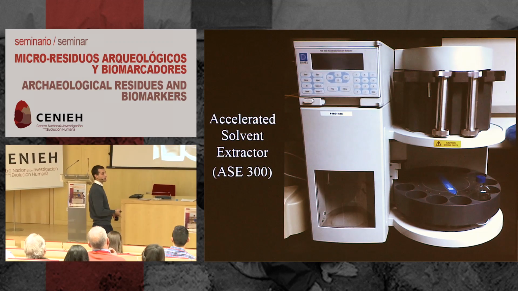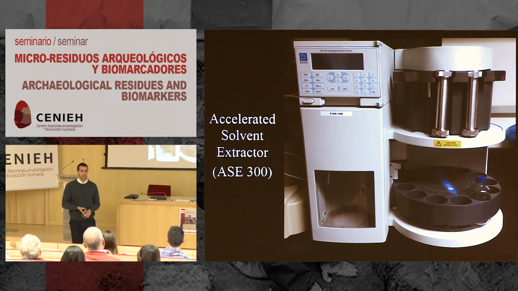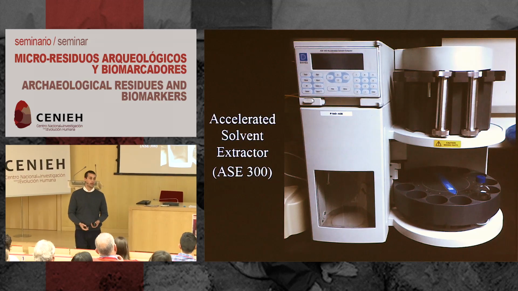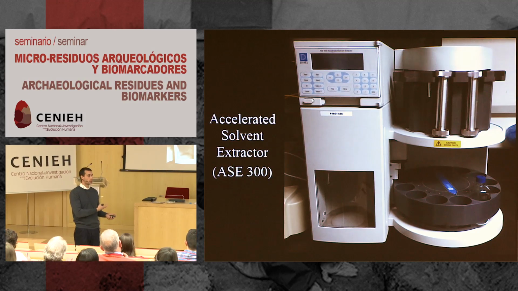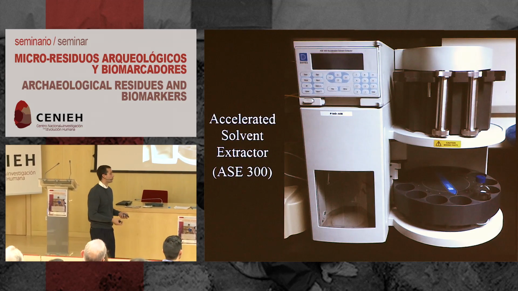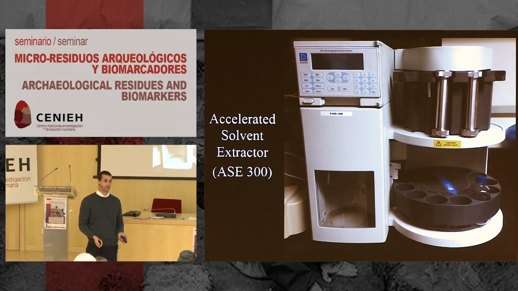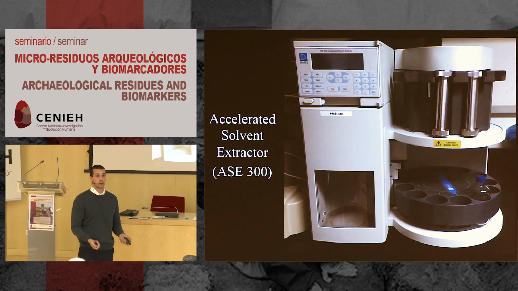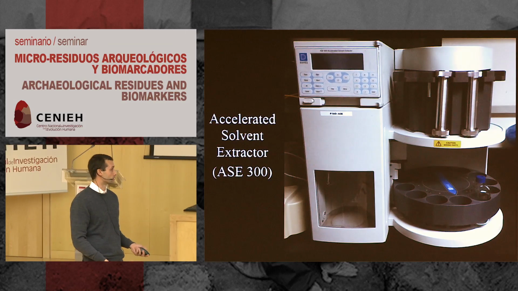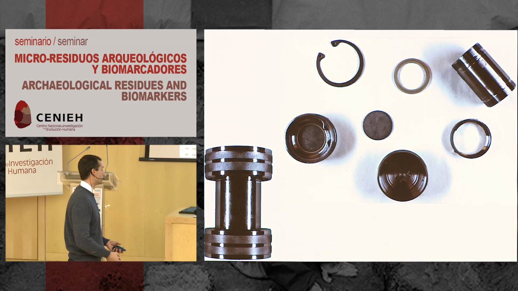You can load up 12 samples at a time, so within 6 hours you can have 12 samples totally extracted. It can run overnight. You don't have to be there to watch it. It doesn't take much maintenance. What it needs is nitrogen gas and the organic solvents that you typically use, and that depends on the sample and what it is you're looking to extract.